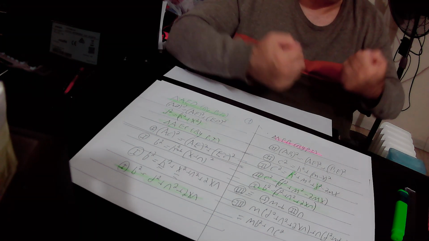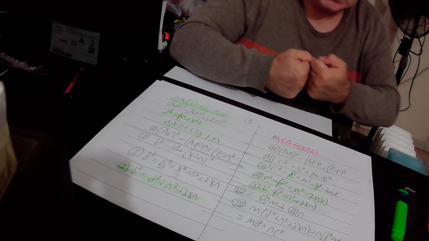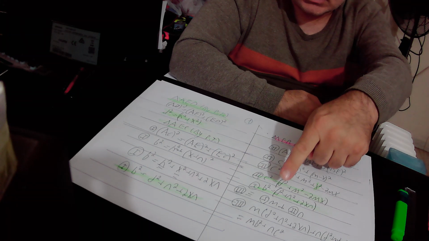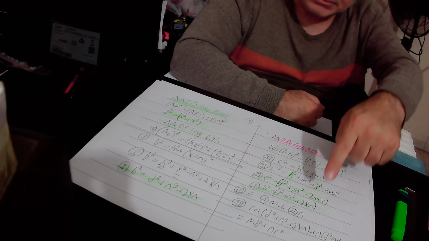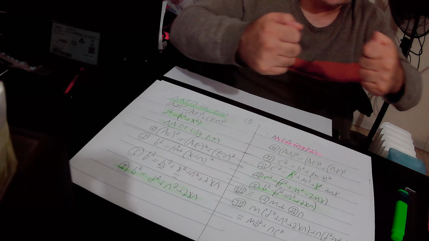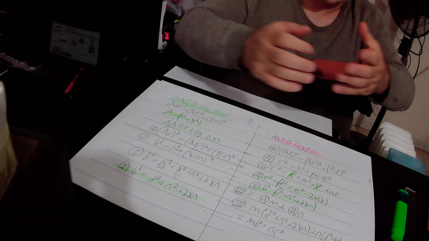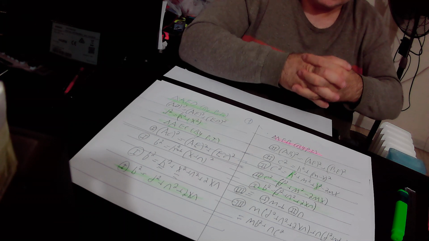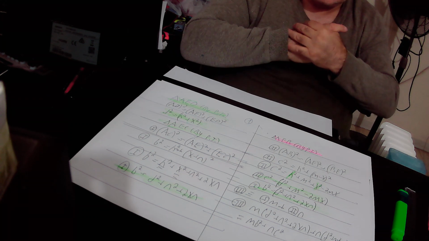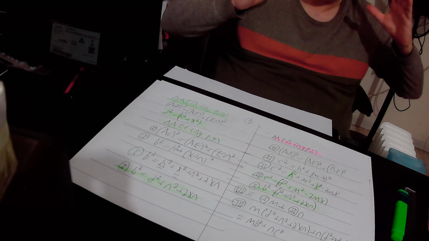Then we created equation number 3 in the following way. We multiplied equation number 1 by m, then we multiplied equation number 2 by n, and then we added the two equations together. This created equation number 3. Okay, so we did it in 2 steps.